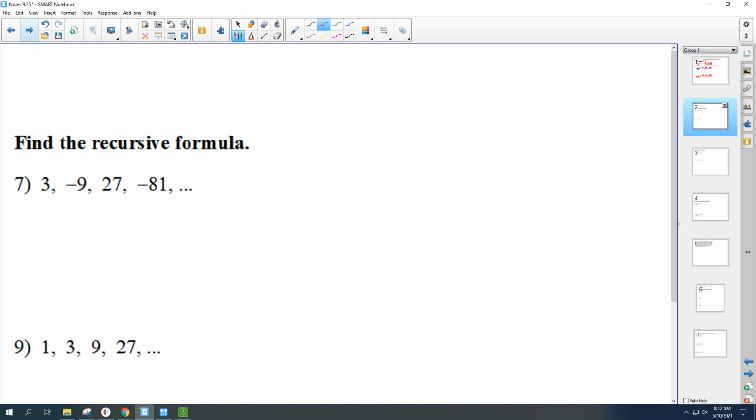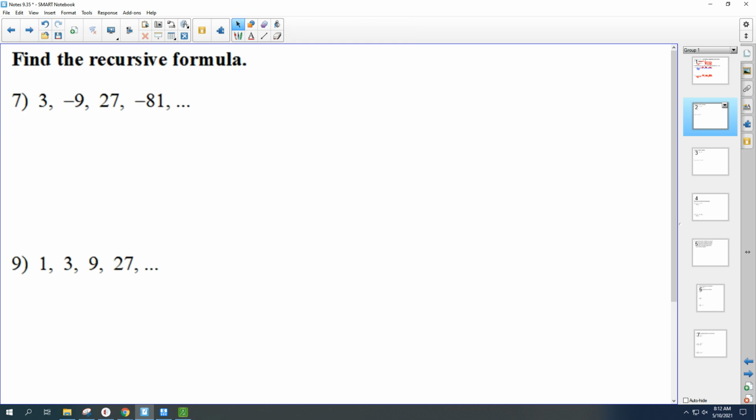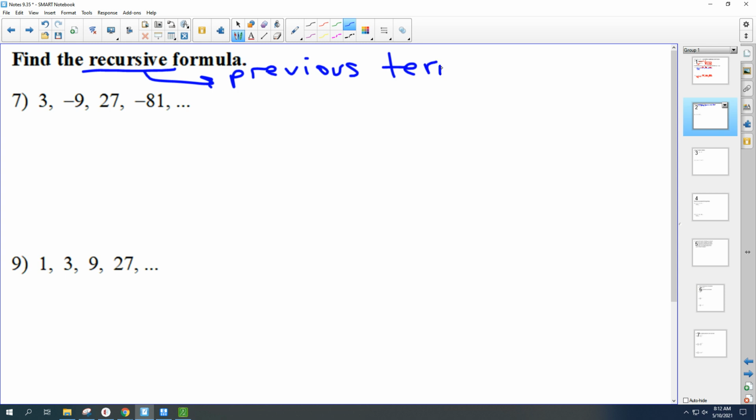Next, we want to find the recursive formula. So remember from last time when we talked about recursive, we talked about previous terms. So for a recursive formula, if we wanted to find the nth term recursively in a geometric sequence, we would take that previous term times the ratio.